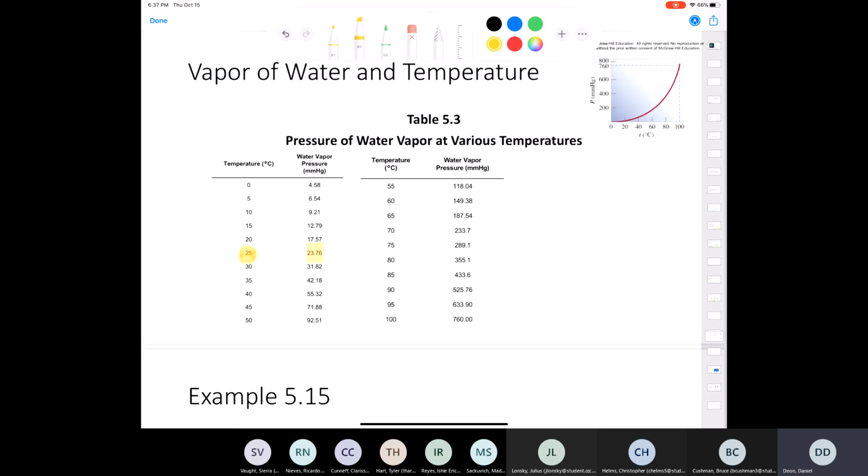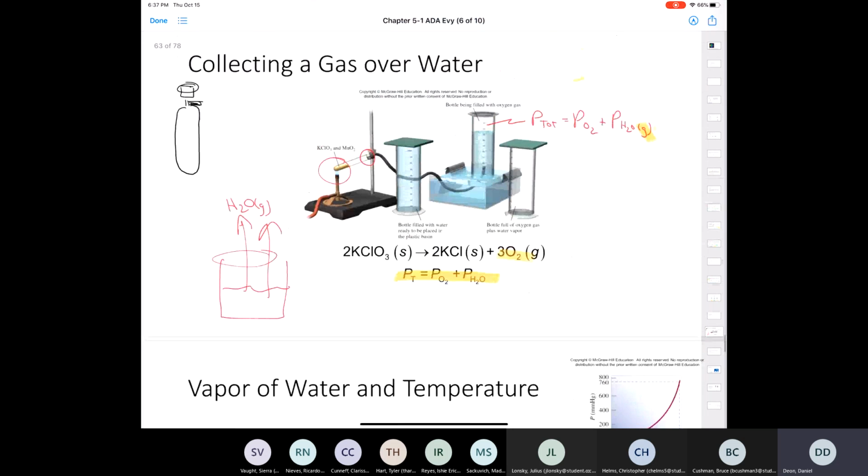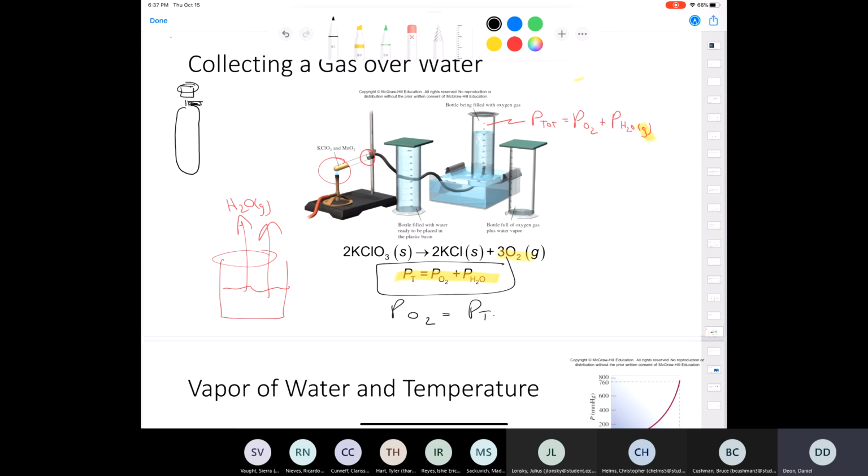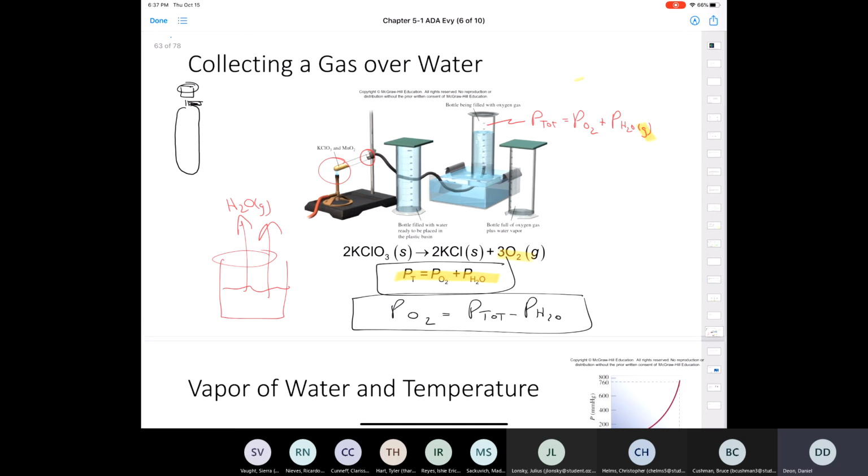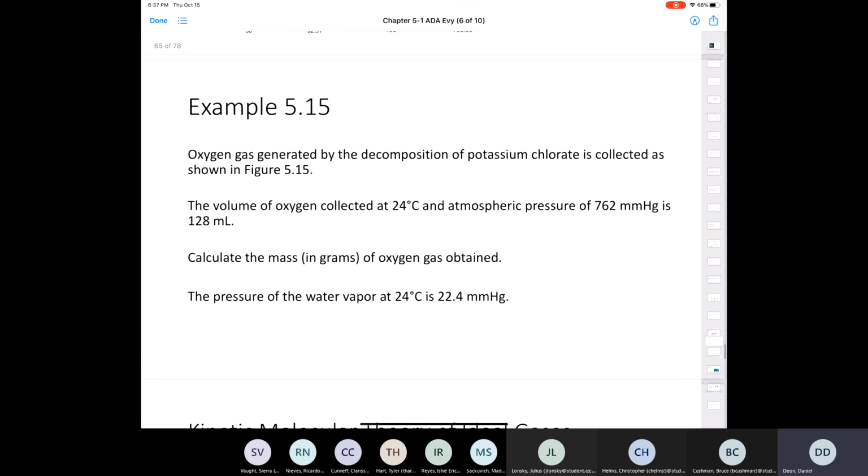And so, if you wanted to calculate the pressure of the oxygen, PO2, it's going to be equal to the total pressure minus the pressure of the water. And that equation is going to be important when we look at this practice problem right here.